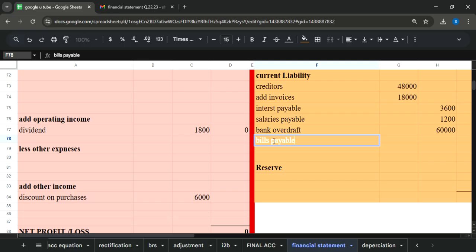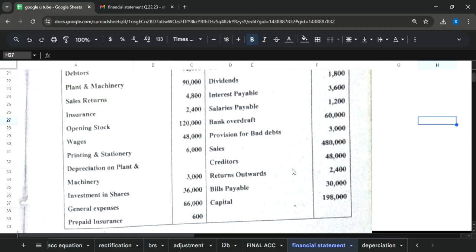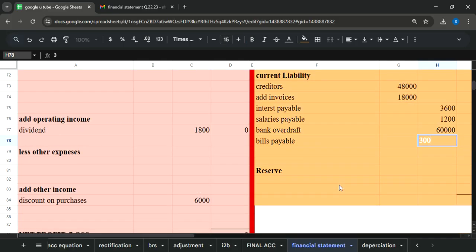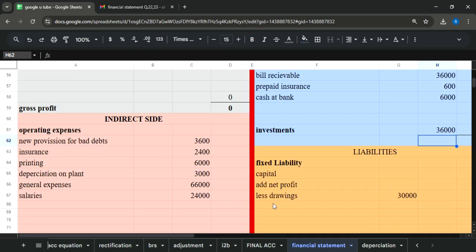Bills payable, the amount of which is 30,000. Write down its amount. Then we have the last element, which is capital, 198,000. You will write 198,000 over here.